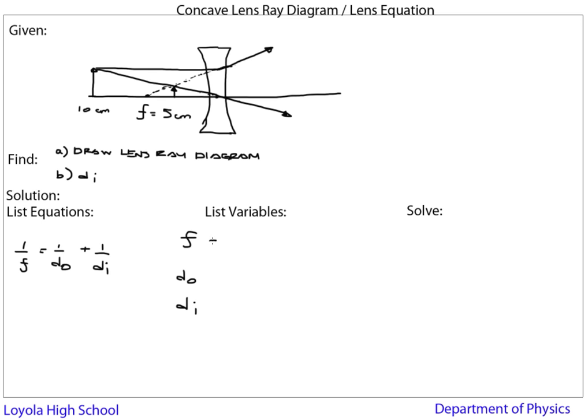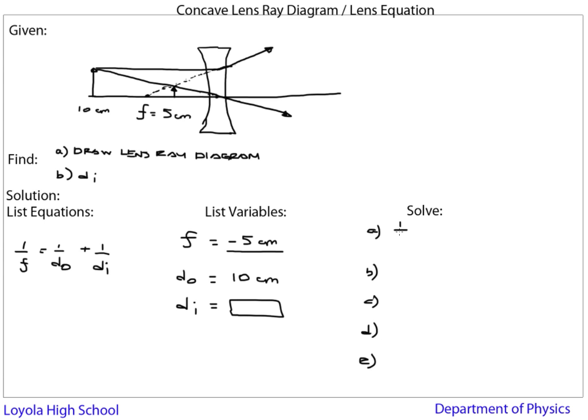Because this is a virtual focal point, my focal length is not 5, it's negative 5 centimeters. Very important point, the negative sign. The DO is still 10, and I'm trying to find DI. So I'm going to follow my 5-step process again: A, B, C, D, and E.